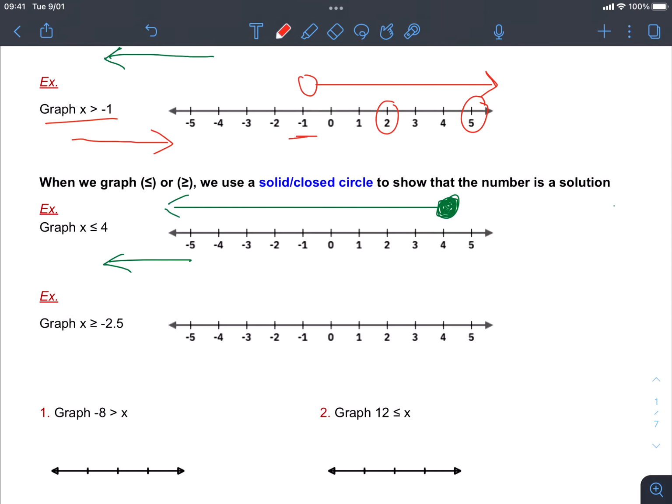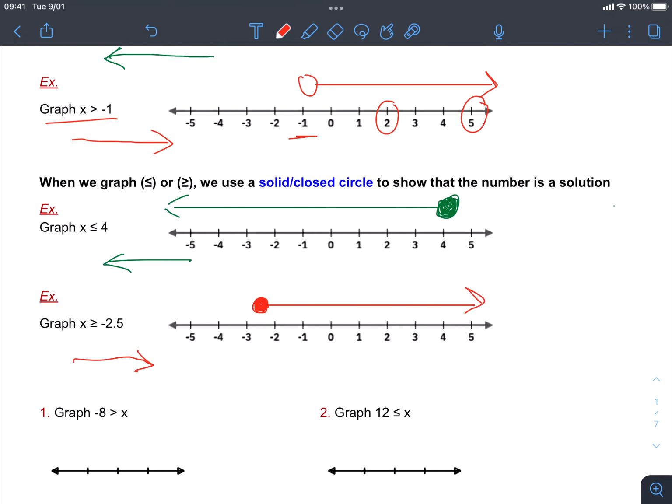If I do this process again with x is greater than or equal to -2.5, I would put a circle on -2.5, and I'm going to close it. It would look like that. And again, my inequality looks like this, so I know I'm going to put a line going that way to the right.